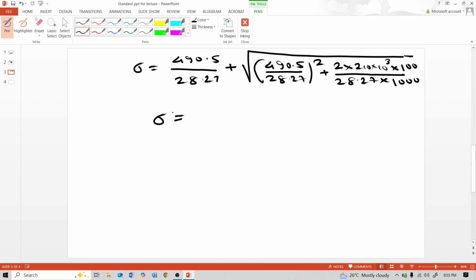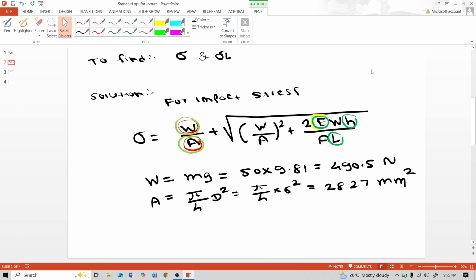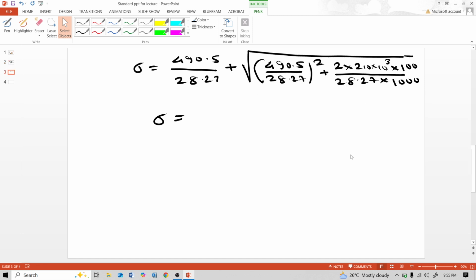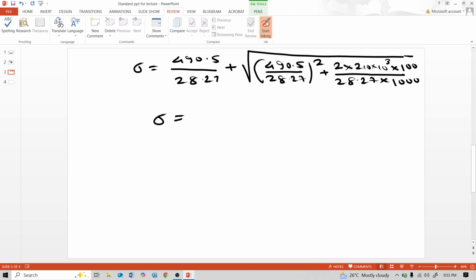So this sigma is 2EH, and we write here this E, this H, but we don't write this W. This W is 490.5 Newton.